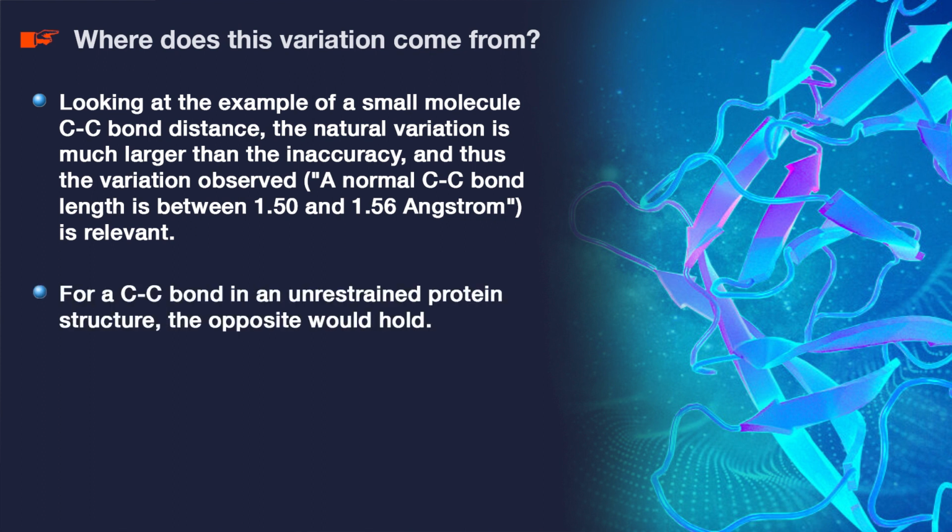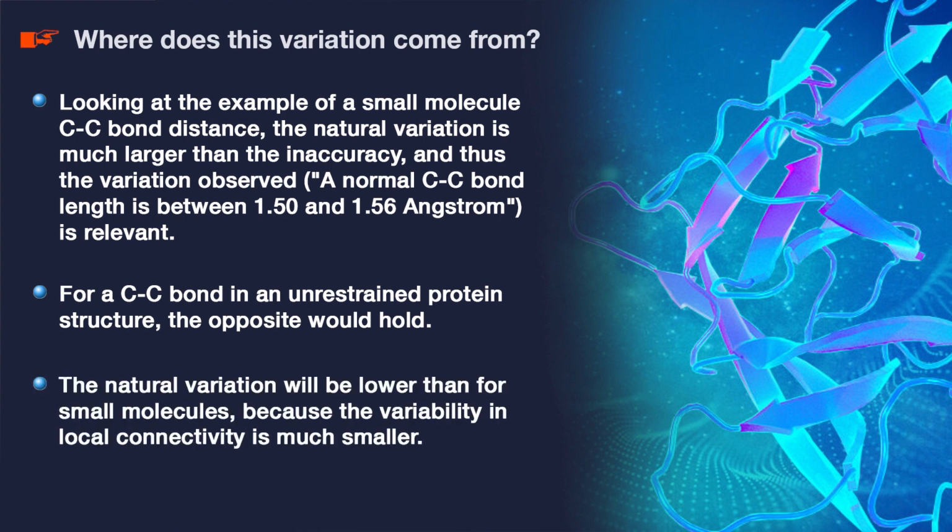For a CC bond in an unrestrained protein structure, the opposite would hold. The natural variation will be lower than for a small molecule, because the variability in local connectivity is much smaller. The inaccuracy in the determination of the bond length, however, is much larger than for a small molecule structure.